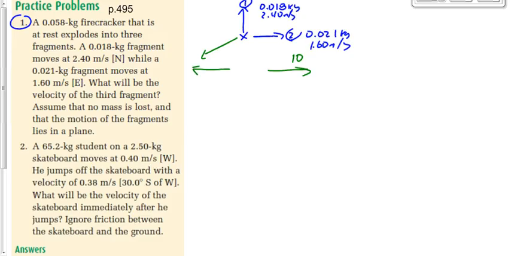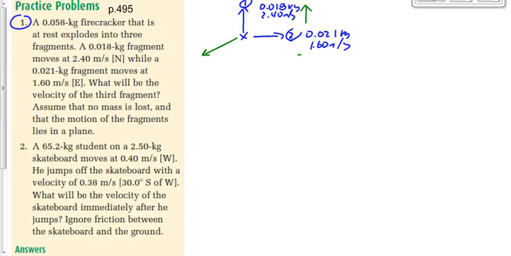And if this one has 10 units of momentum to the north, then there also has to be 10 units of momentum to the south to counter that. Right? 10 plus negative 10 gives me 0, and the total momentum is 0. So we have to counter every momentum that we have there. If we have one to the right, we have to have one to the left. If we have one to the north, we have to have one to the south. So we know this is going to the left and down to counter the right and up.